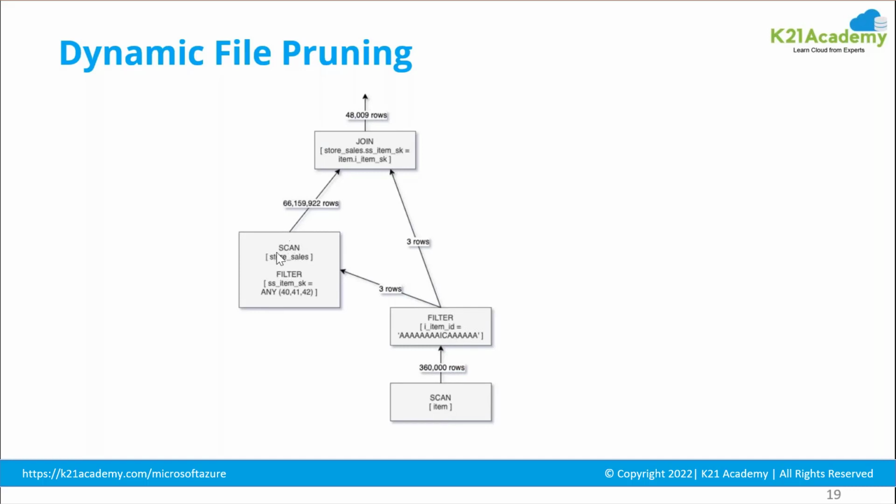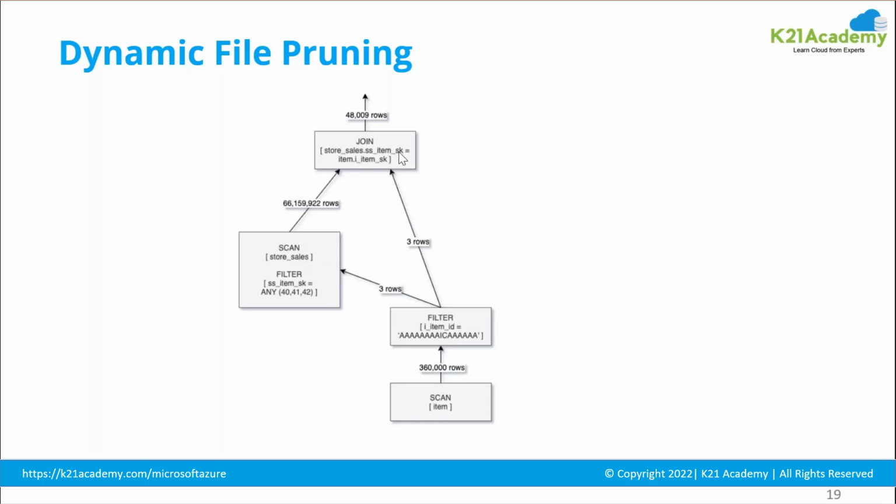And if you look here also, we are scanning, but we are also using this filter at runtime, which is filtering this key, SS item SK, in these 3 rows. So the output of this filter we are passing to the internal scan that is happening. Because if we do not pass this filter clause to this scan operation, then it will do a full scan of your files.